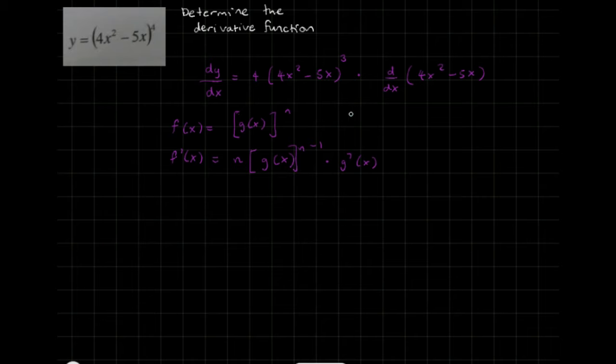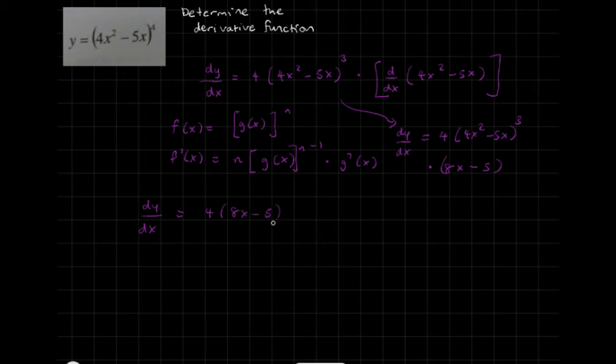So in this case, if I simplify this out, the derivative of y with respect to x is equal to 4 times 4x squared minus 5x cubed times the derivative of this portion here, which is 8x minus 5. So if you wanted to simplify this, I'm just going to write it out here. dy over dx here is equal to 4 times 8x minus 5 times 4x squared minus 5x cubed.